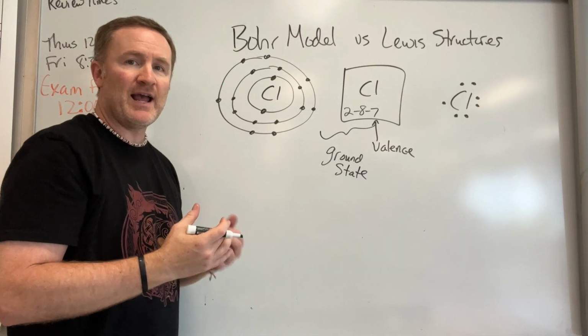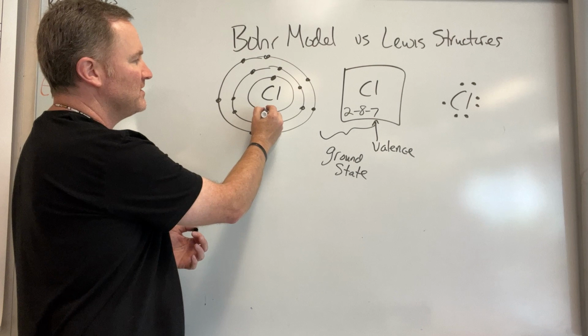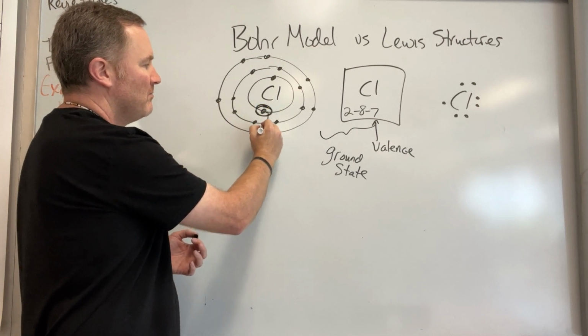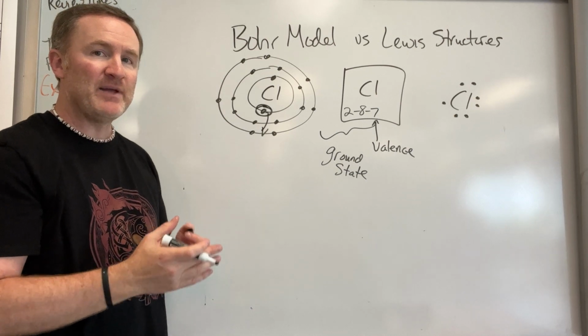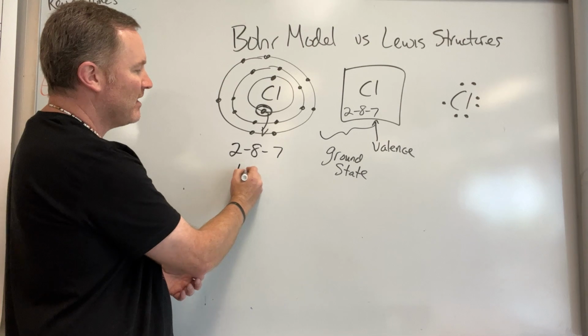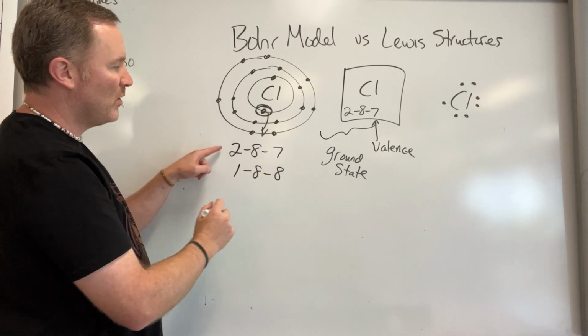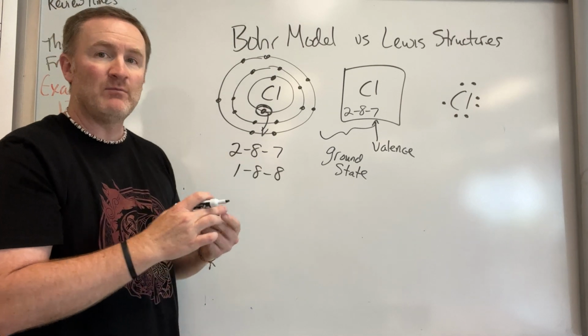When an atom gets energized, it will gain energy, and one of these electrons, for example, let's call it this one, may jump to a higher energy level, and that becomes excited. So instead of 2, 8, 7, it now becomes 1, 8, 8, because one of the electrons on the inner shell jumped to the outer shell, and it becomes unstable.